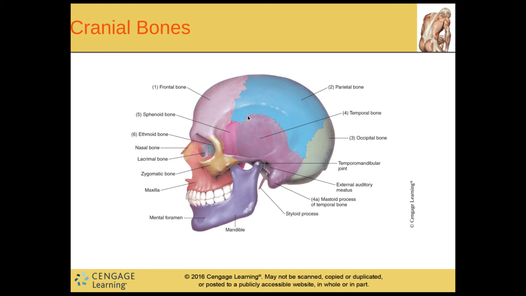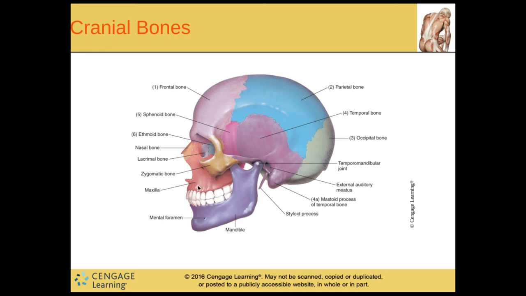So all these little lines here are those little sutures, right? So this is your styloid process. This is your auditory meatus, or like where your ears would be. This is your mandible or your jaw. This is the only movable joint in your head, right?